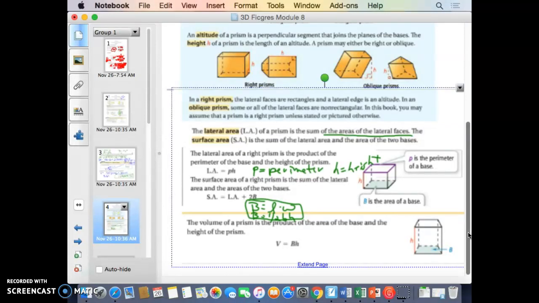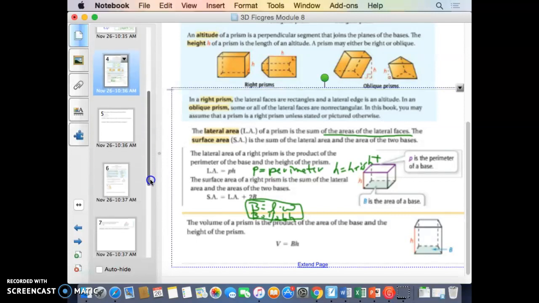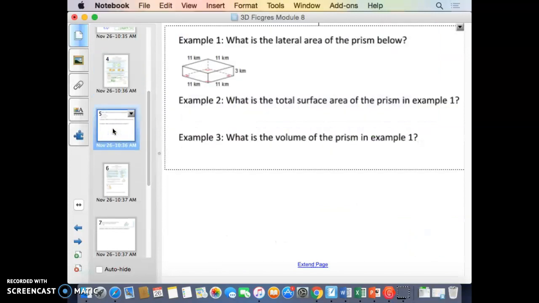All right, let's look at some examples. The first example is a rectangular prism. The first thing we want to know is, what is the lateral area? The lateral area is P times H. First we have to figure out the perimeter, which is the distance around the base. In this case, it's 11 plus 11 plus 11 plus 11, which equals 11 times 4, which is 44.